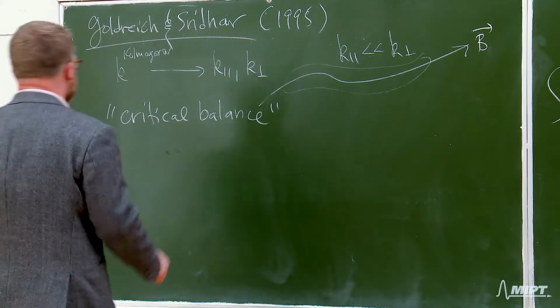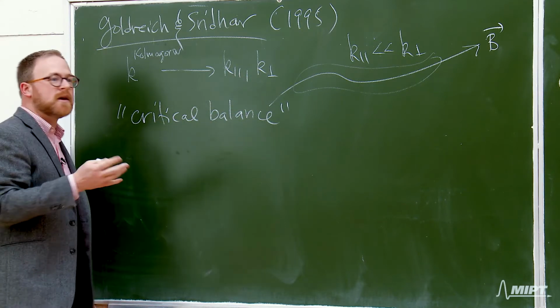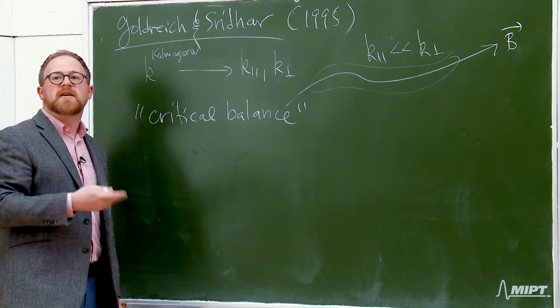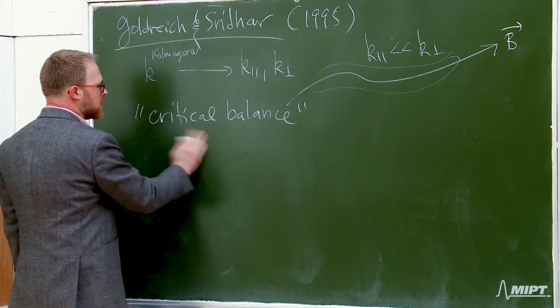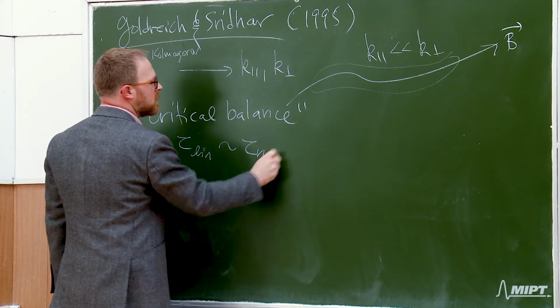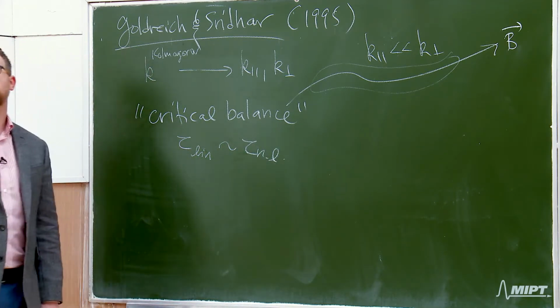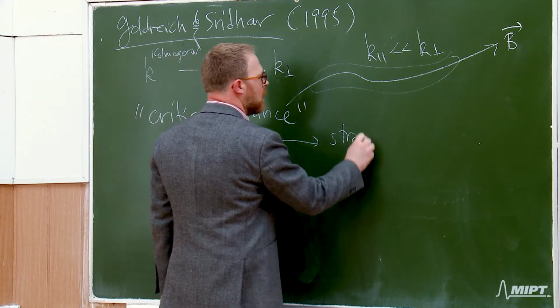So the idea in this critical balance is to relate k parallel and k perp, because they're unknowns and we need an equation to close the system. And the idea is that the linear timescale in the problem is of order the nonlinear timescale in the problem. And this is what's called strong turbulence.